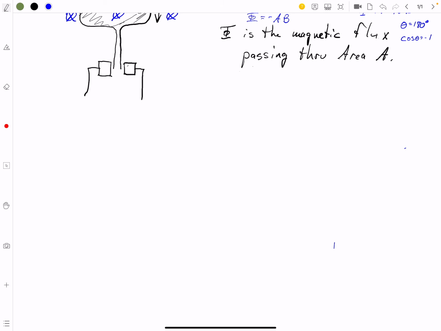Let's make our area. So there's our area A. We've got a normal to the area. It's kind of pointing towards us, tilted up a little bit towards us. Here's our magnetic field coming in.